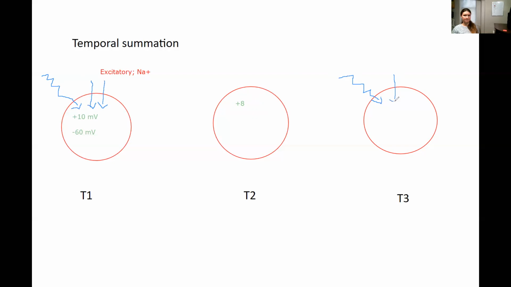Okay. And what's happening with temporal summation is that this change in charge from our first stimulus hasn't totally dissipated yet, right? So imagine that T3 happens right after T2. So we have our plus 8 change from T2. It's in our cell already.